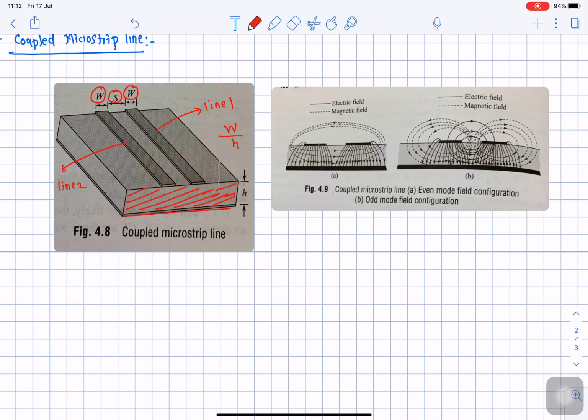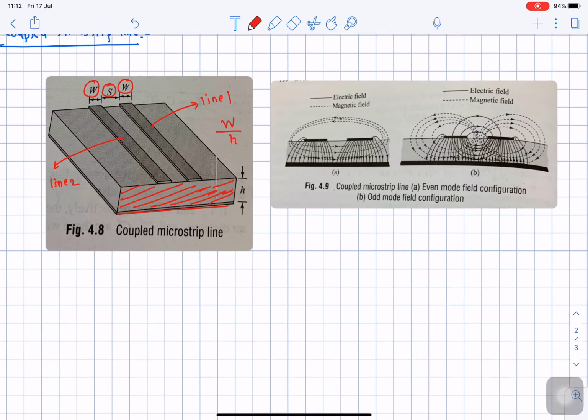This is how you can extend the microstrip transmission line. If you make use of multiple microstrip transmission lines printed over a common substrate, this construction is called a coupled microstrip transmission line. There is nothing different in the construction. These two transmission lines are purposely kept together.